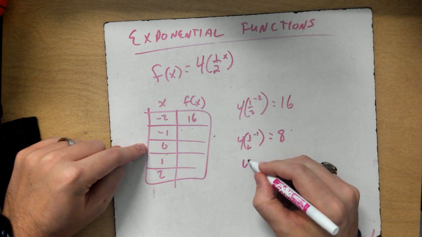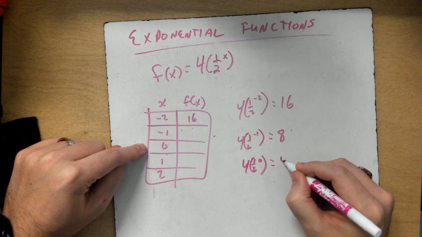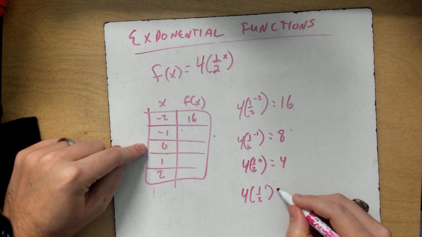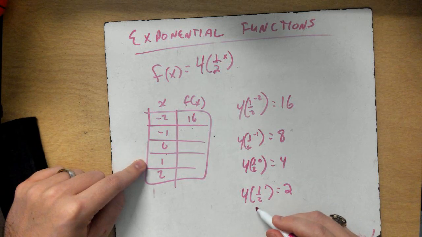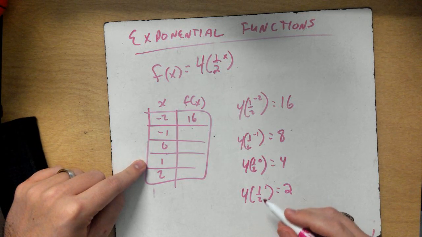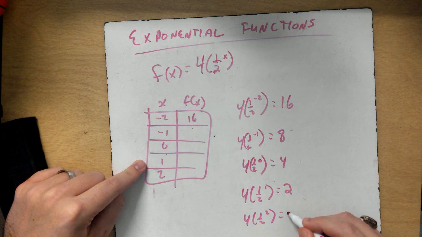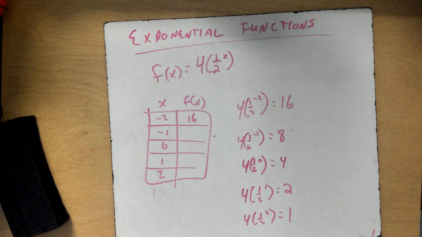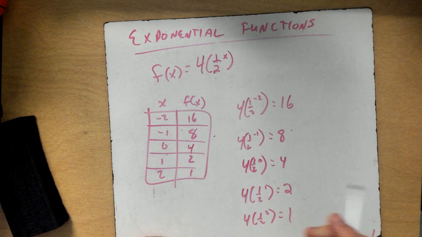And then 4 times 1/2 to the 0 power is going to give me 4. 4 times 1/2 to the first gives me 2. And then 4 times 1/2 to the second gives me 1. So I'll plug these numbers in: 8, 4, 2, 1.